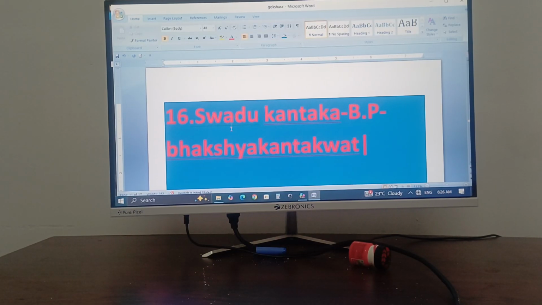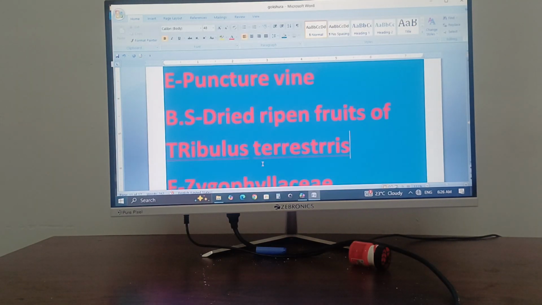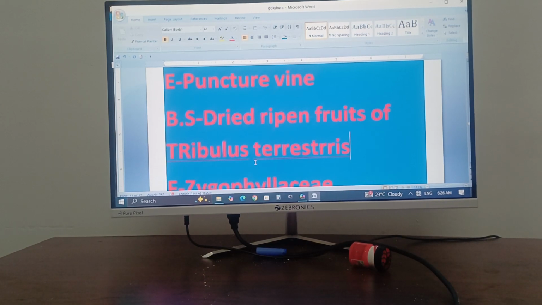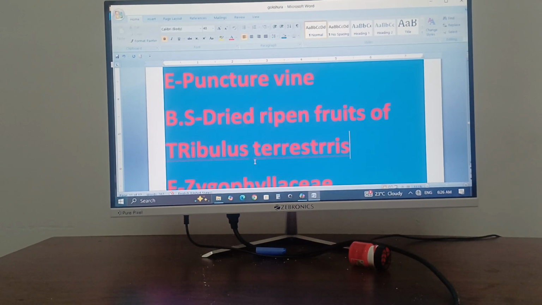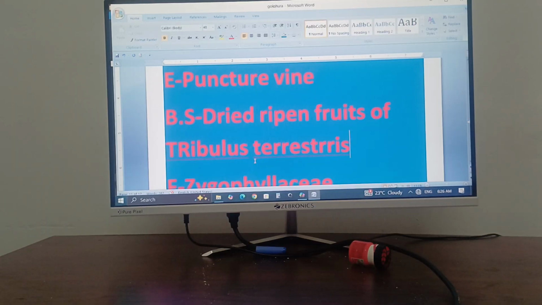What is the Rasa, Guna, Virya, Vipaka? It has Madhura Rasa, Madhura Vipaka, Shita Virya. So now we have identified classically how our acharyas mentioned its description. See, in BAMS second phase examinations, we are supposed to write at least 4 points. Now I have told you 11 points.